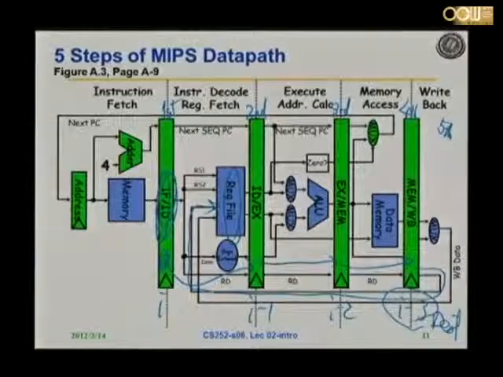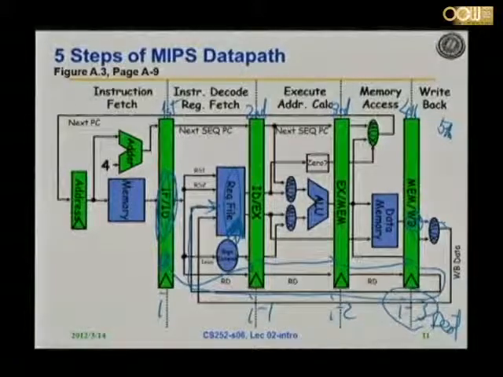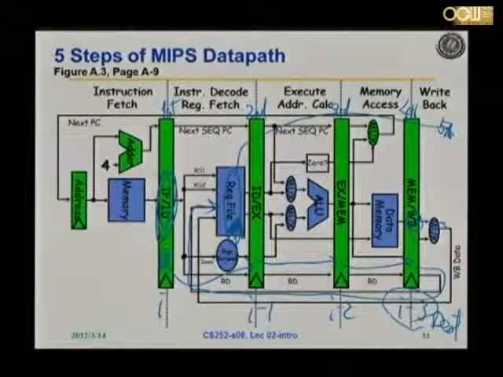But when I need to write the result back into the register file, it needs a trigger. It is now memory storage. So the 5th one is here. Got it?